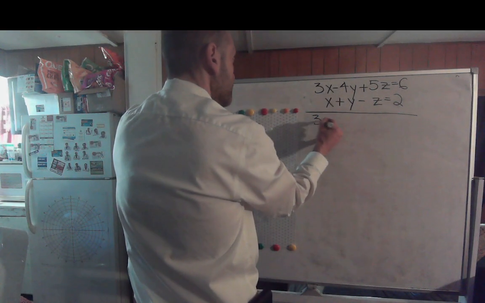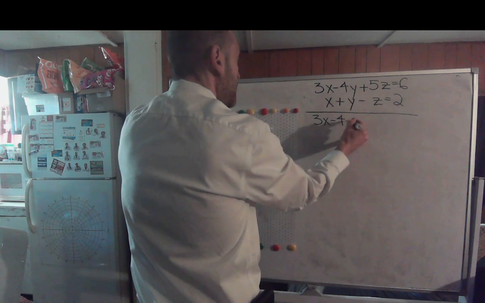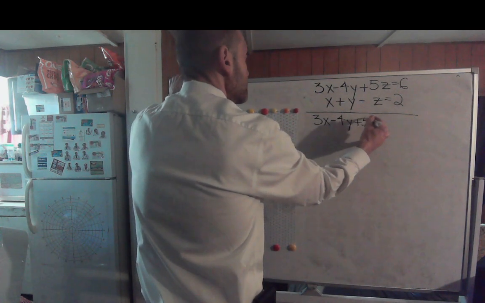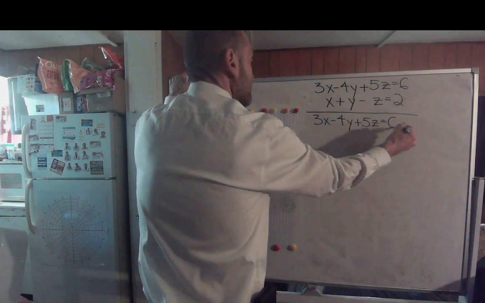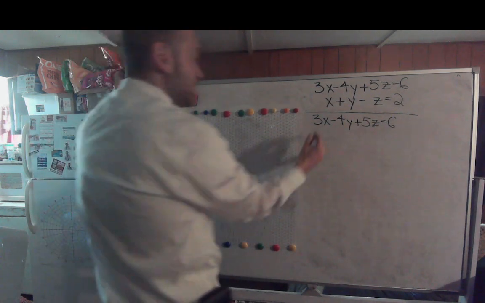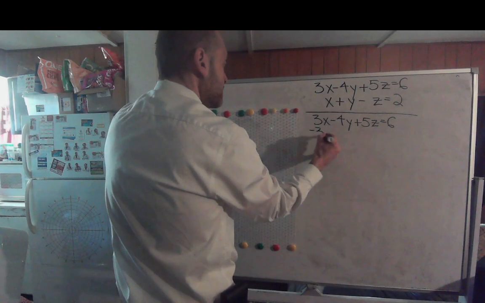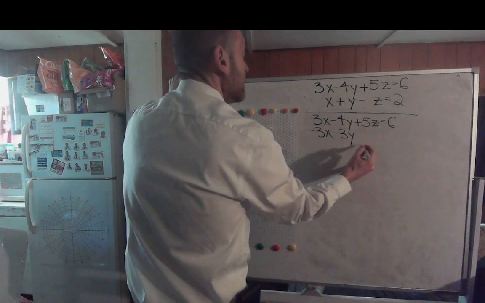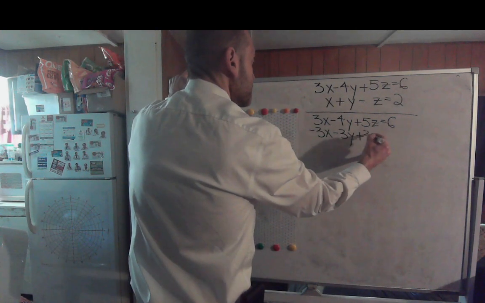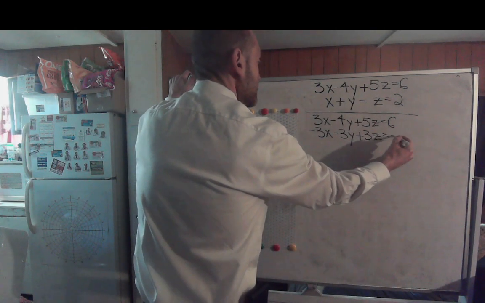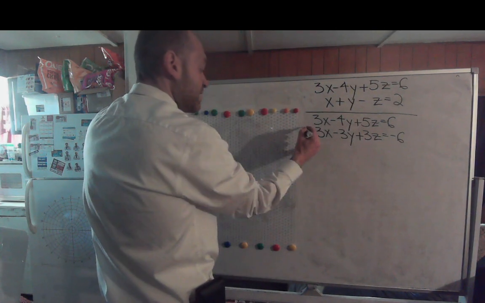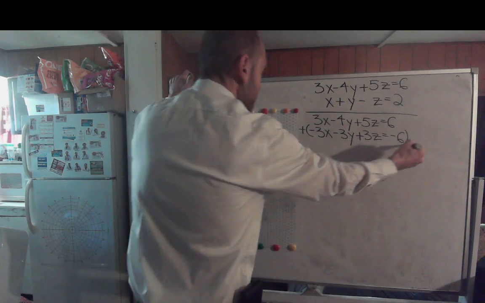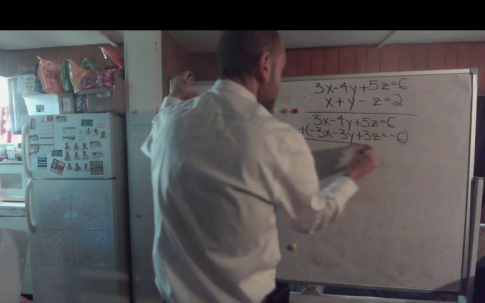This would turn into 3x minus 4y plus 5z equals 6. Multiply the second row by -3, so you would get -3x minus 3y plus 3z is equal to -6. Now all we have to do is add these two rows together. You'll at least temporarily eliminate the x variable.